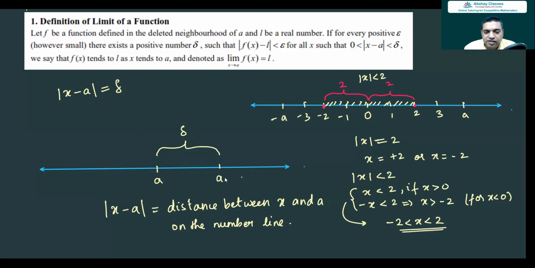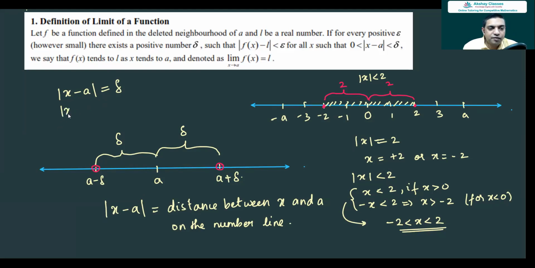So I get 2 points, A plus delta and A minus delta. Okay, this is delta, this is delta. So modulus of x minus A equal to delta refers to these 2 points, A plus delta and A minus delta. There are 2 values you get for this.